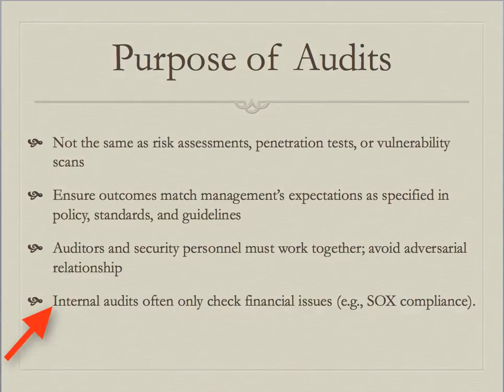And finally, internal audits often only check financial issues. For example, in SOX, it's only checking the integrity of the financial information. In many cases, IT management, the security team, could ask internal audit to check further when it goes and looks at target applications. For example, internal audit at my last employer also looked at an application that should be HIPAA compliant whenever they did the SOX audit.